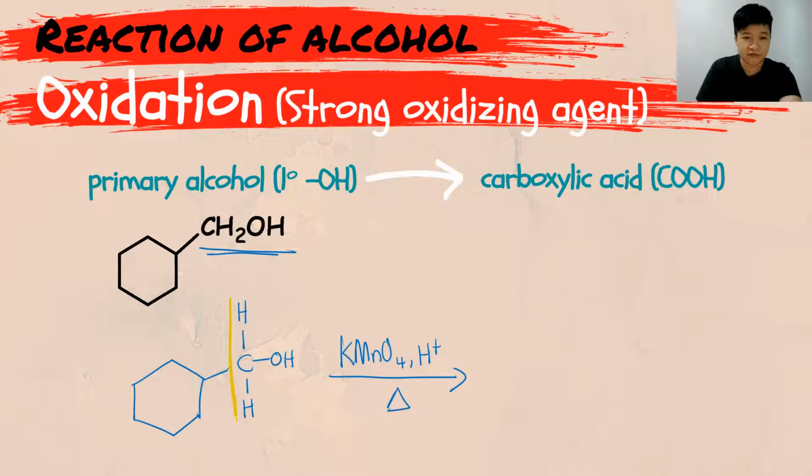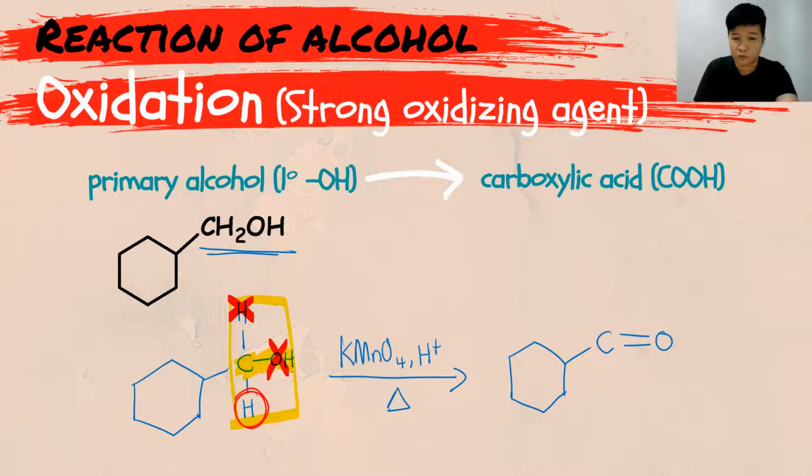And what happened? Focus on the entire carbon that is holding the OH and the H. So first thing, the OH will be removed. The hydrogen will be removed. The rest of the thing that doesn't change, recopy. The carbon that removed the OH and the H gains a double bond O. And what happened to the hydrogen that's still attached to the carbon that is holding the OH?